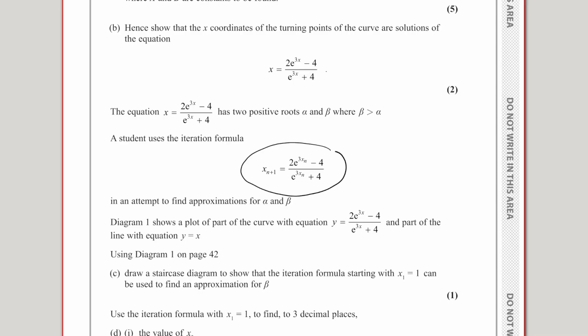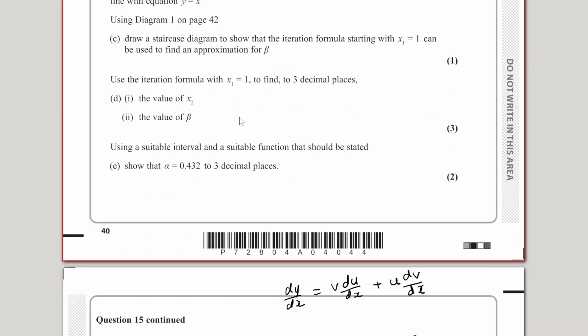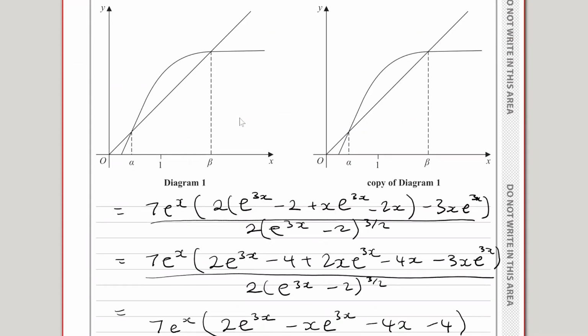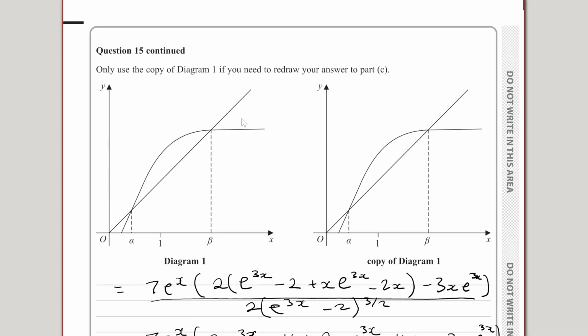So the solutions are going to be the intersections, and we're going to draw a staircase diagram starting with x equals 1 to show that it can be used to find beta.